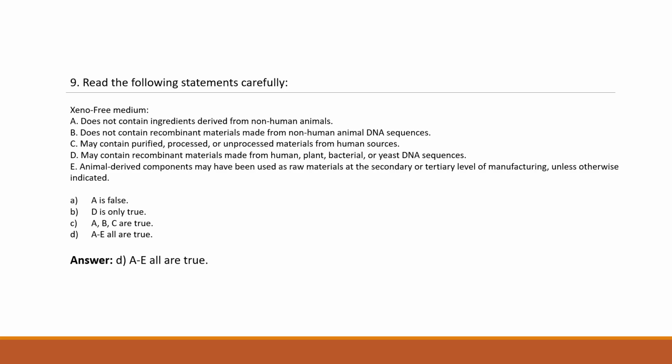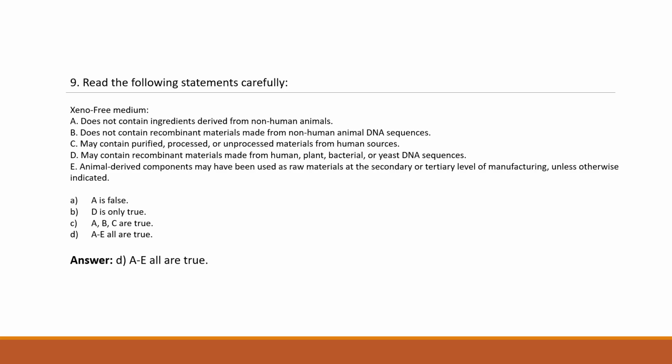Next is may contain recombinant materials made from human, plant, bacterial, or yeast DNA sequence. So here you should see that it is not made from non-human animals, but it can be made from plant, bacteria, or yeast DNA. Okay, so you can make materials from there because they're a completely different class and different genus as well, but you cannot make from a different animal.